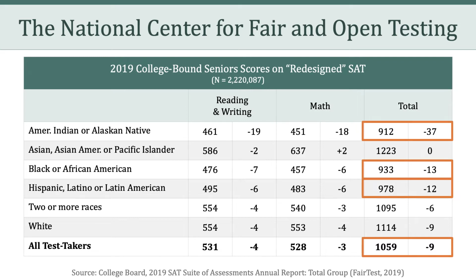And this was true whether broken down by test takers' race, parental education, or household income. In other words, just like Linda Darling-Hammond told us in 2007, the gaps in achievement are actually getting worse. So here I've highlighted the groups that have lost the most ground compared to the class of 2018.